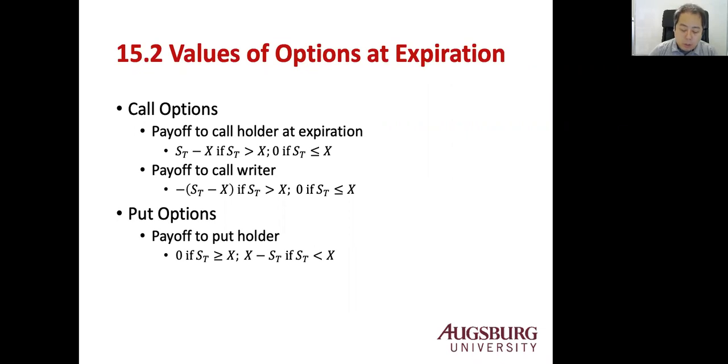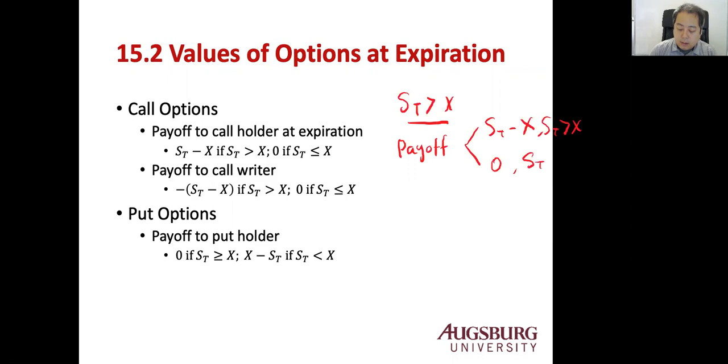The call option is only exercised at the expiration date, when ST, the price at expiration, is above the exercise price. So the payoff of the call option will be ST minus X if ST is above the exercise price, and 0 if ST is below the exercise price.